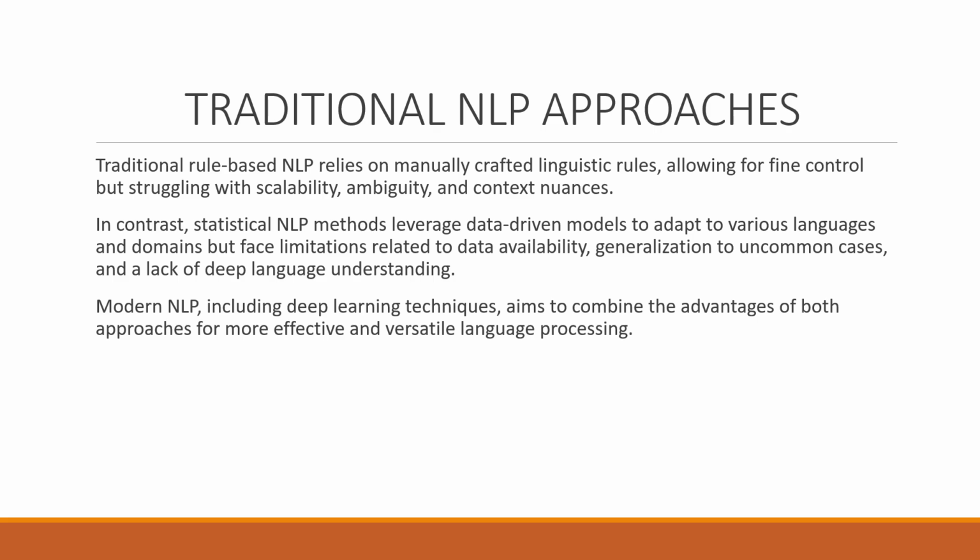Coming to the statistical method, we teach the computer based on statistical data. This made NLP more flexible but still had limitations in handling the full complexity of language. And ending with modern NLP, it combines both of these approaches so that it can overcome the disadvantages of the other methods.